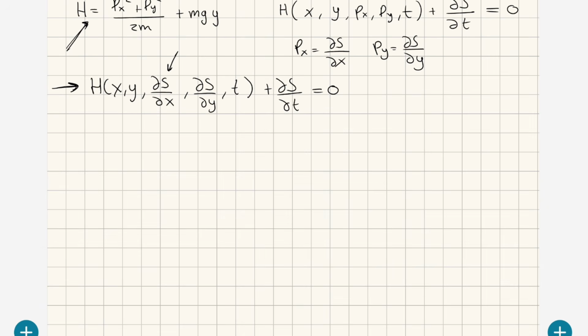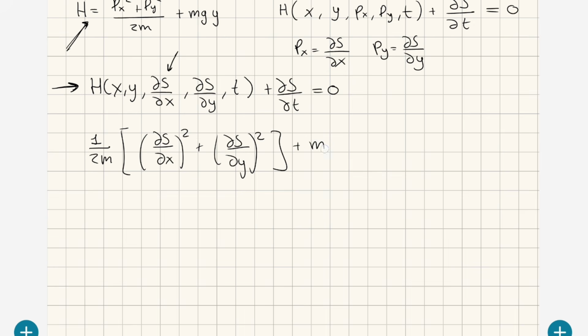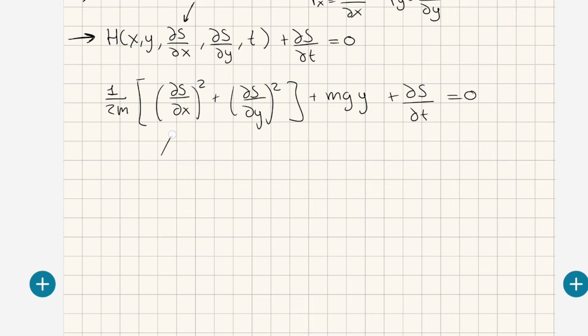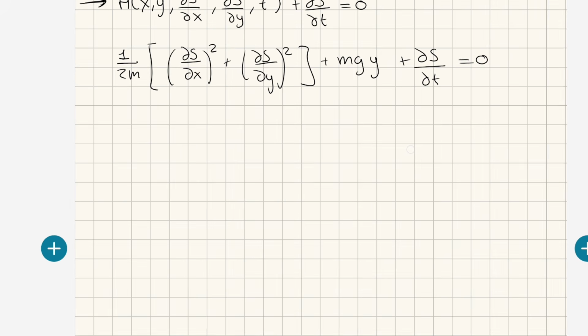Well, we are going to get 1 over 2m multiplying the partial of S with respect to x squared plus the partial of S with respect to y squared, and then plus mgy plus the partial of S with respect to time equals 0. So this will be the Hamilton-Jacobi equation for the particle in a uniform gravitational field. Look that we have replaced px and py with the derivatives of S.